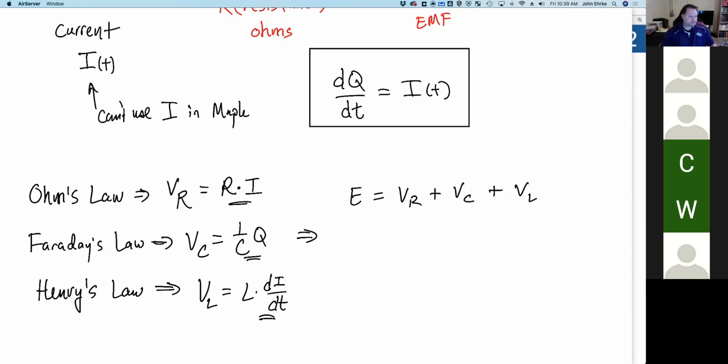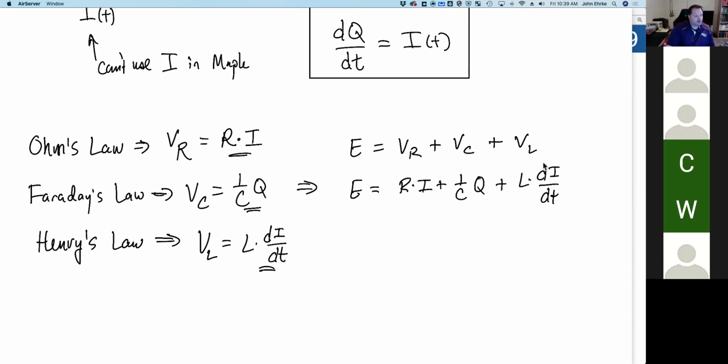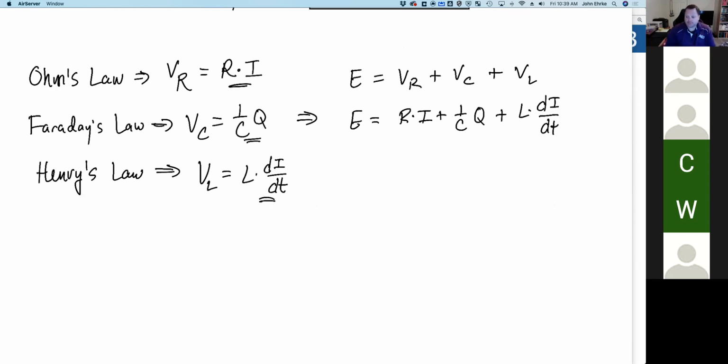But having said that, if we plug in each of these laws, R times I, 1 over C times Q, L times I prime, all of a sudden we have a differential equation because there's a derivative quantity and the rest of these are functions of time. The problem is I've got both Q and I in the same problem. So I want to fix that.